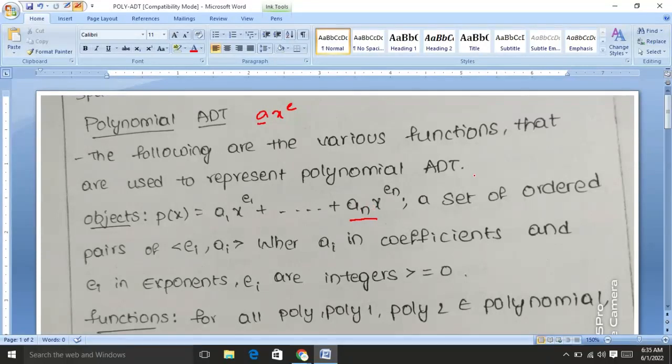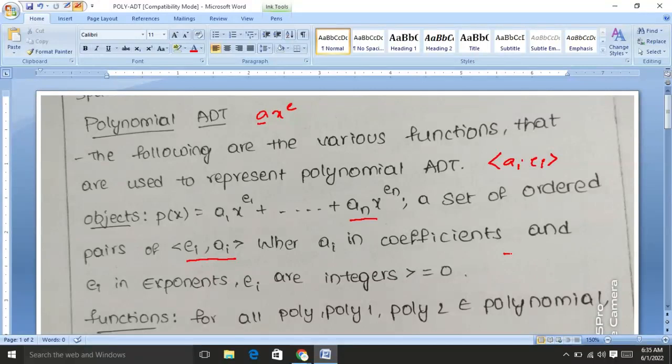When we are representing the polynomial, we consider the ordered pair ai and ei, or otherwise we write it as ei and ai, whichever. That is the exponent and coefficient ordered pair.